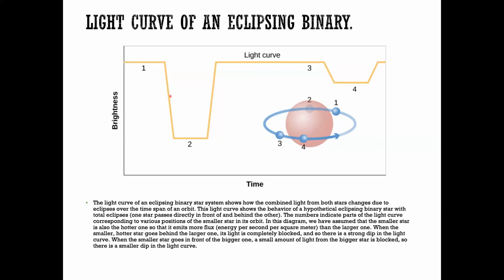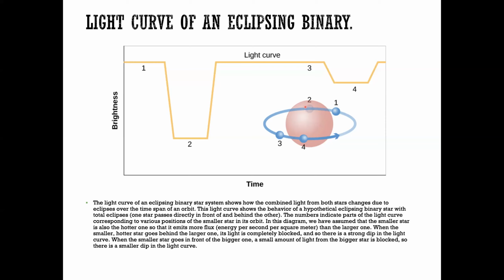And then you can see that at position number 2, the smaller star has gone behind the largest star, right? So the largest star is the red one right here. And at position number 2, the small blue star is behind, right? So which means, of course, when you look from Earth, you can only see the light coming from this largest star, right?